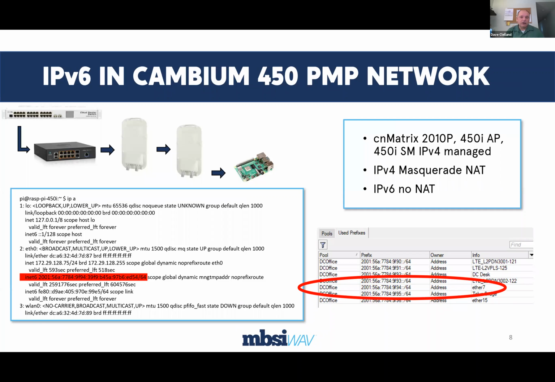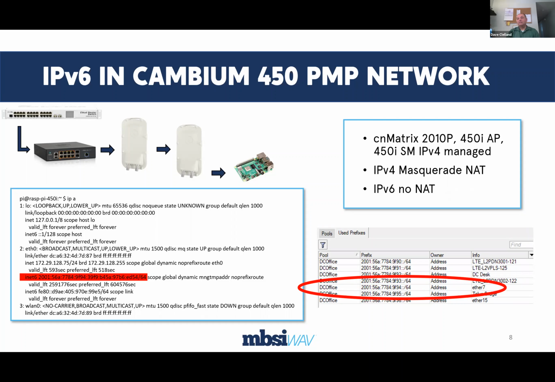All right, so let's start off here with some of my configuration that I have here. So first step here is my Cambium 450 point-to-multipoint network. In this case, I have a 450i access point talking to a 450i configured as a subscriber module, which is connected to a Raspberry Pi.